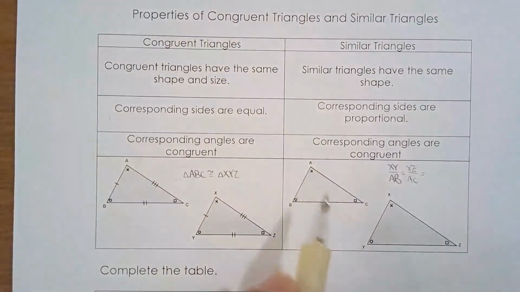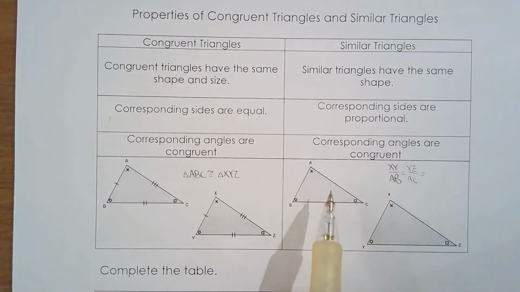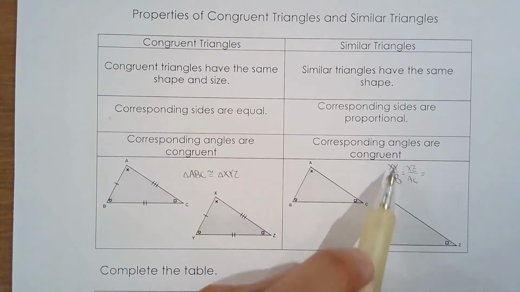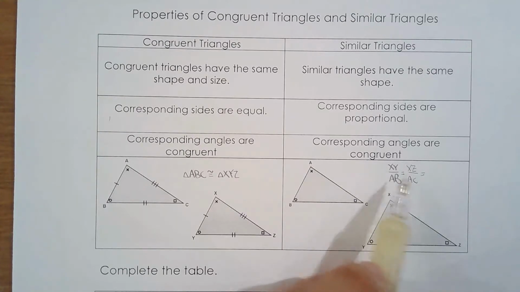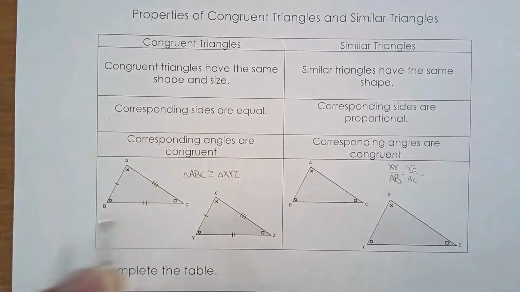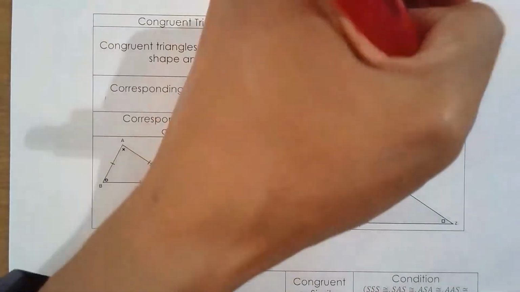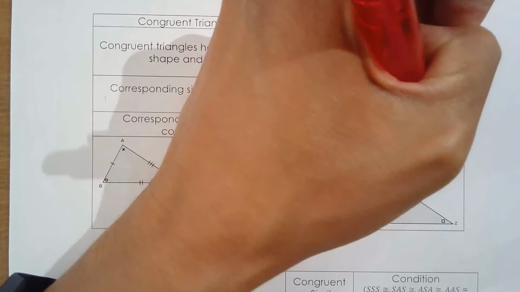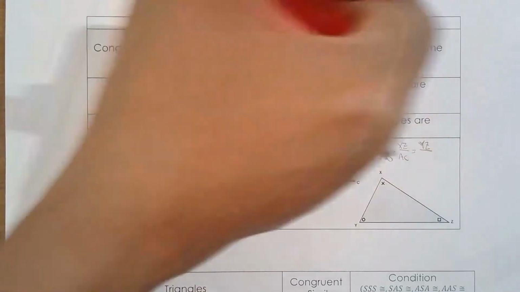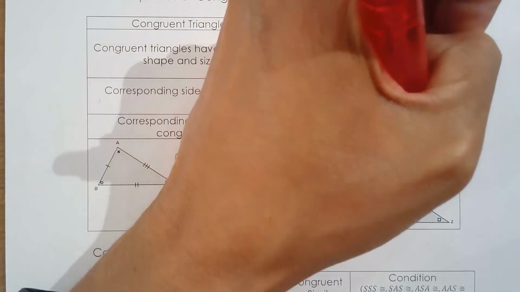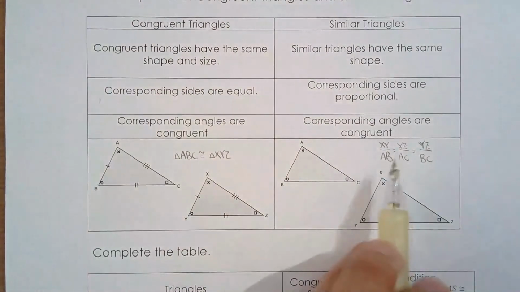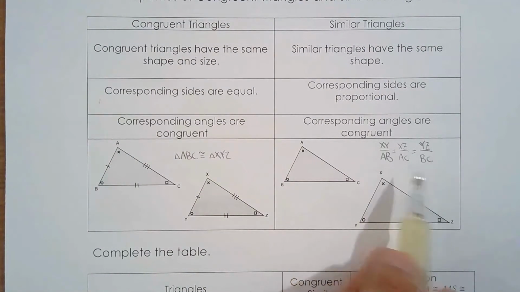That's what corresponding sides being proportional means. If you take a ratio of the corresponding sides, that ratio will hold true. And the last ratio is YZ over BC. So these three ratios are equal.